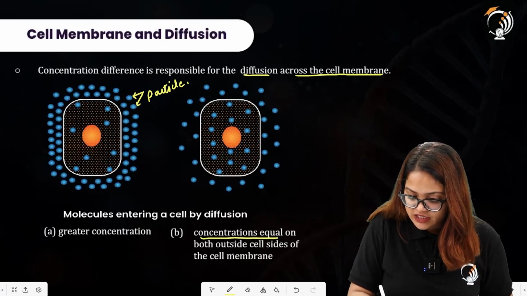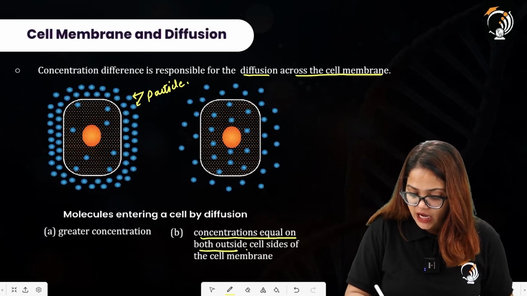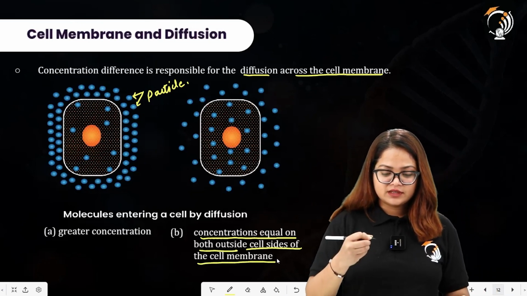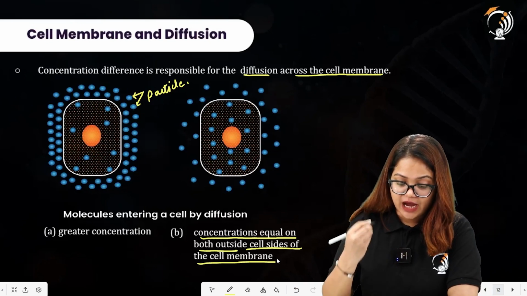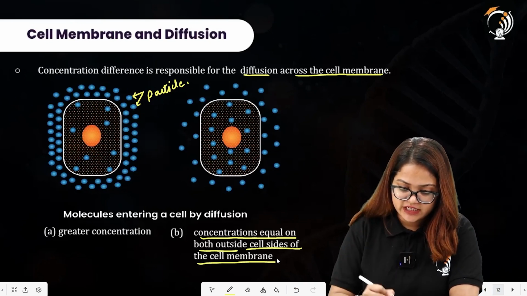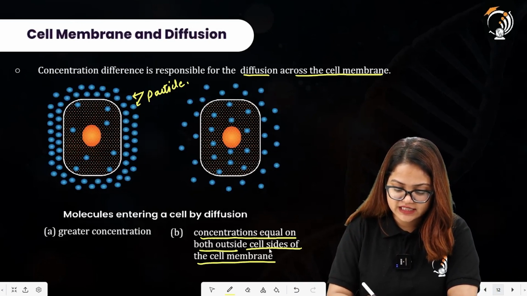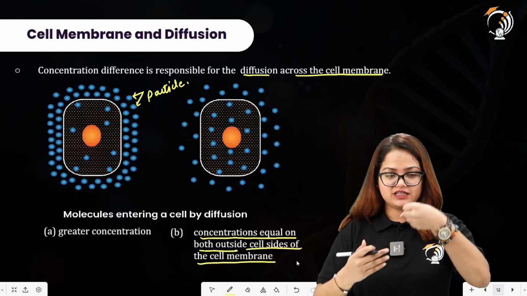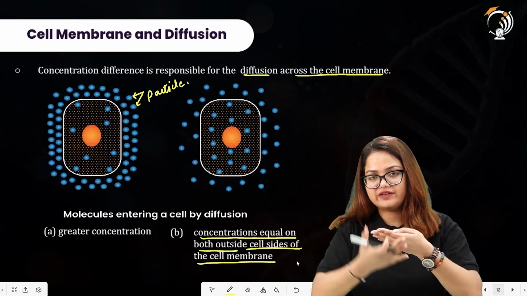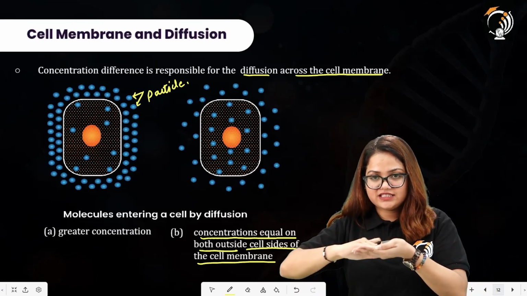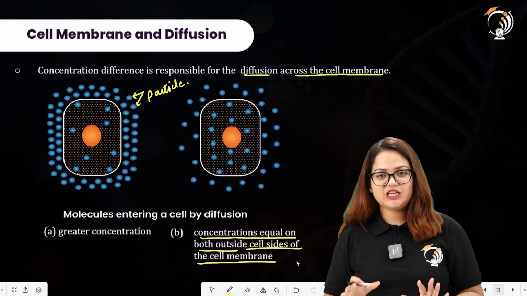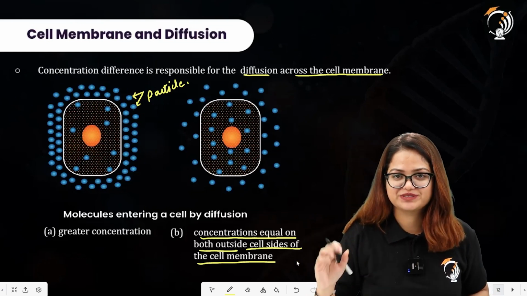So the concentration is equal on both the outside and the inside of the cell membrane. This is the cell membrane, we have the outer environment on one side and the inner cell environment on the other, and both of these will have equal concentration of molecules.